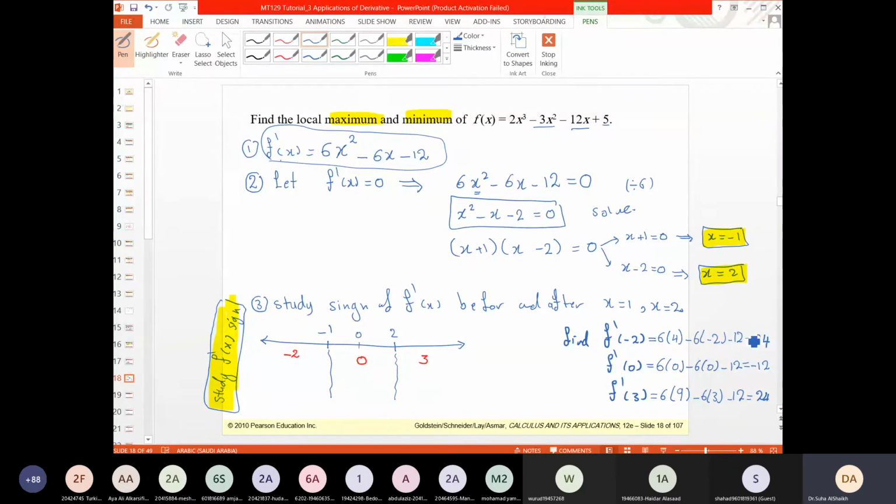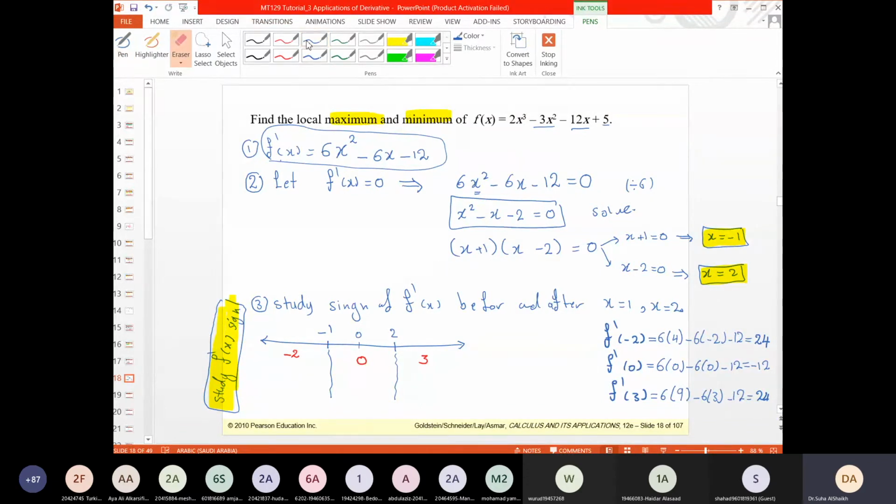What about the first? This is 24. Yes, this is 24. What about this, the last one? It's 24 as well. No problem.